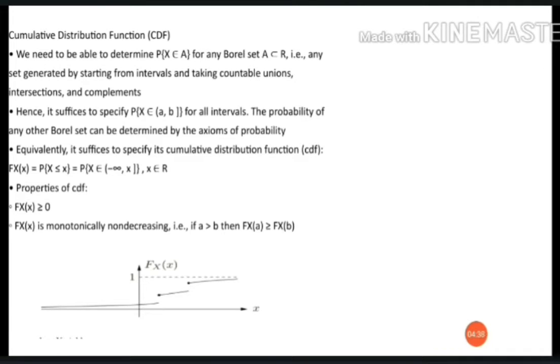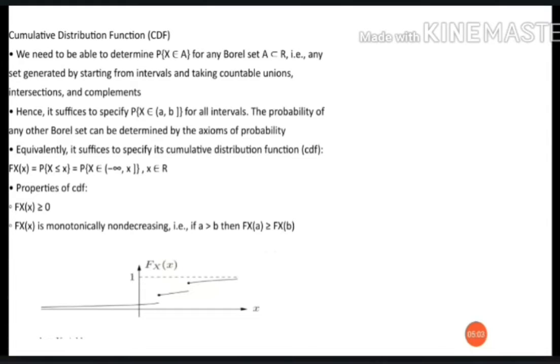And now the cumulative distribution function, CDF. We need to be able to determine the probability of x belonging to A for a Borel set A in R, that is, any set generated by starting from intervals and taking countable unions, intersections and complements.